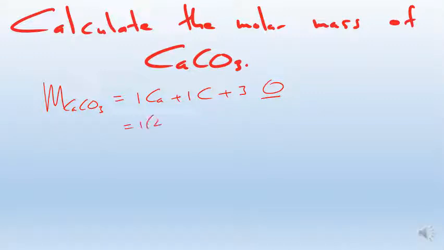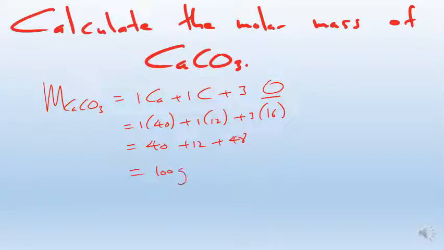So you get 1 times 40. Carbon was 12. 3 into 16. So we go 40 plus 12. That's 52 plus 3 times 16 is 48. And what do you know? That's 100 grams per mole calcium carbonate. Straightforward.